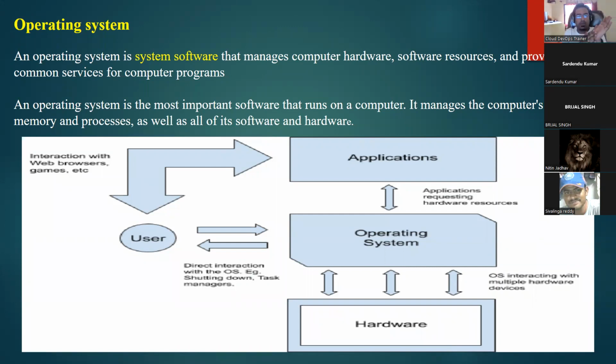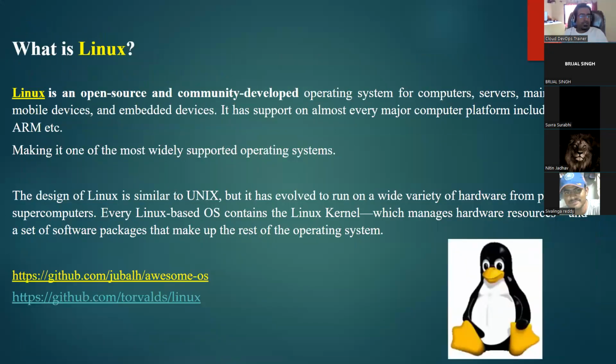Correct, between the user and the hardware, you can say. It's a bridge between the application and the hardware. It's a system software. Without this, our application will not be able to utilize the resources. So an operating system is a must in the environment, put over the hardware to utilize the hardware, if we make it simple.